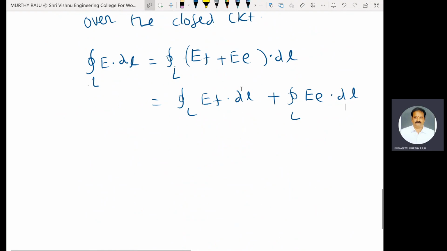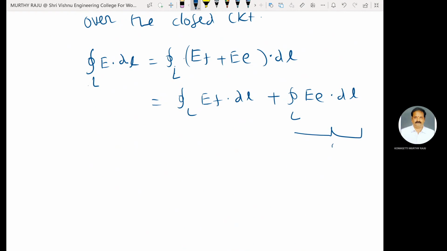Because of E, this value is 0. This one is through the battery.